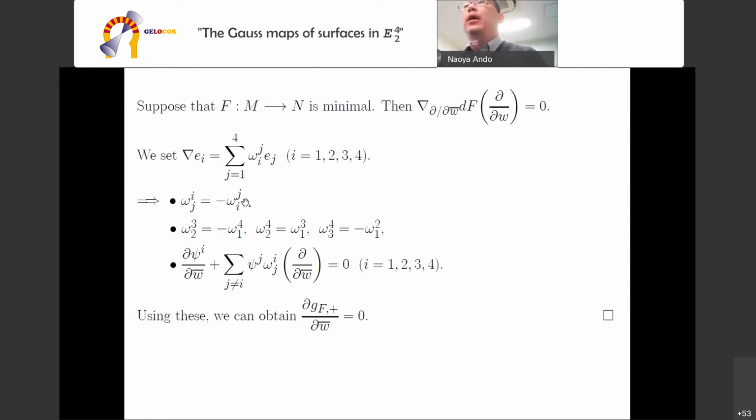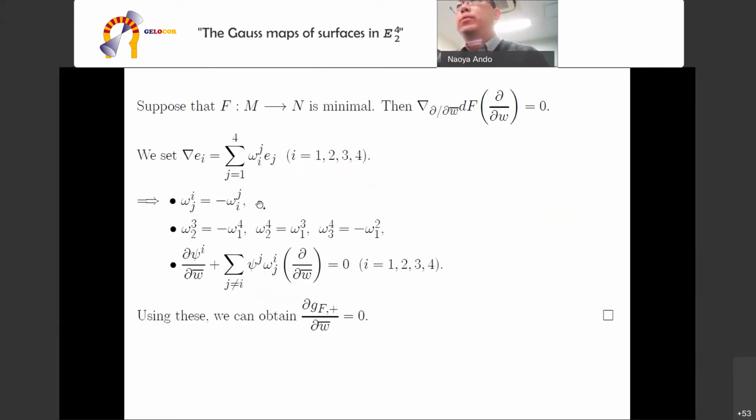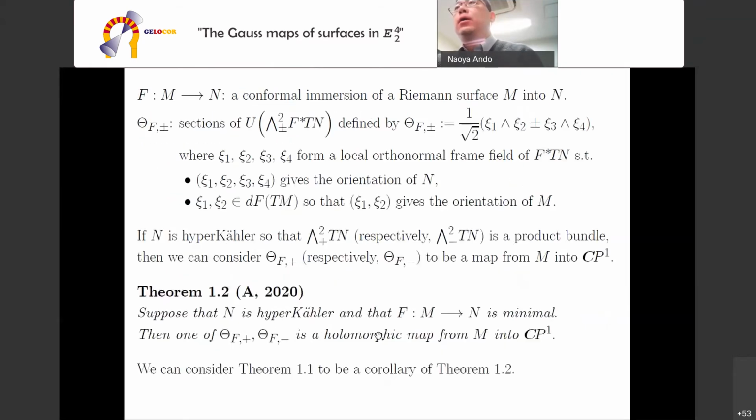In addition, since these are horizontal, we suppose, then we have these three relations. In addition, this equation means these four equations. Using these relations, we can obtain this. This means that theta_F^+ is holomorphic.